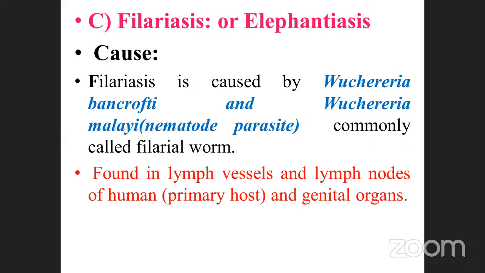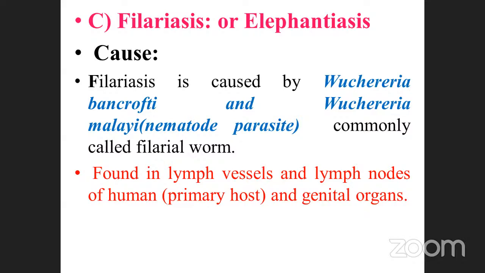Once again, repeat for you: filariasis, elephantiasis, caused by Wuchereria bancrofti and also Wuchereria malayi. These are nematode parasites, commonly called filarial worms, found in lymph vessels and lymph nodes, and also genital organs.